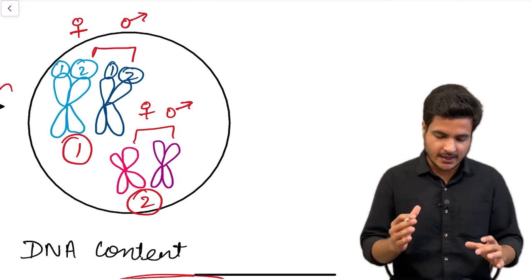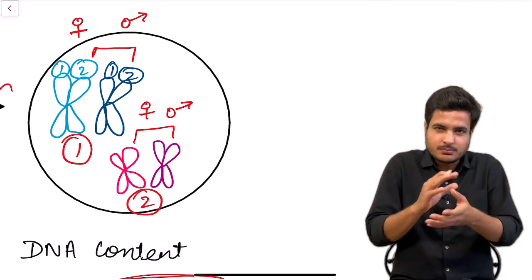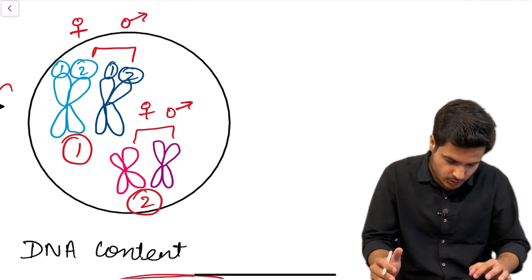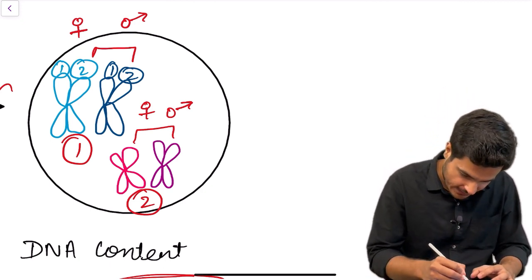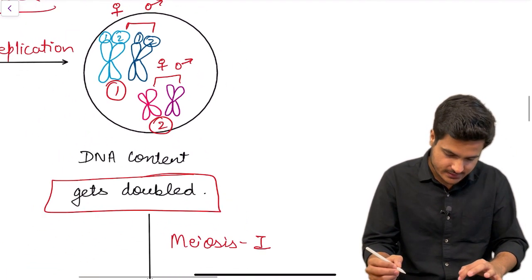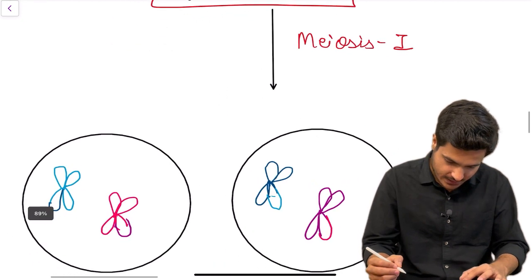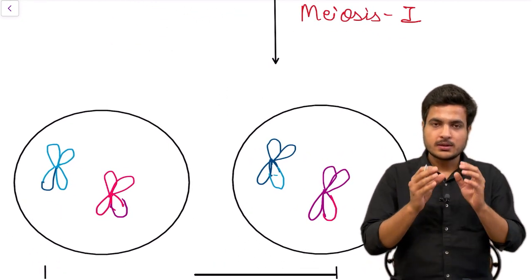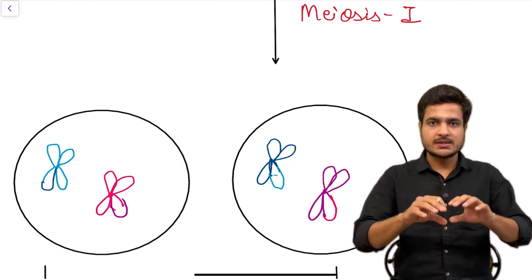When meiosis 1 takes place, there is some change in the genetic makeup of these homologous chromosomes, which I have shown in the diagram. Just focus on these light blue and dark blue chromosomes. Once meiosis 1 has taken place, each chromosome from a homologous pair separates.